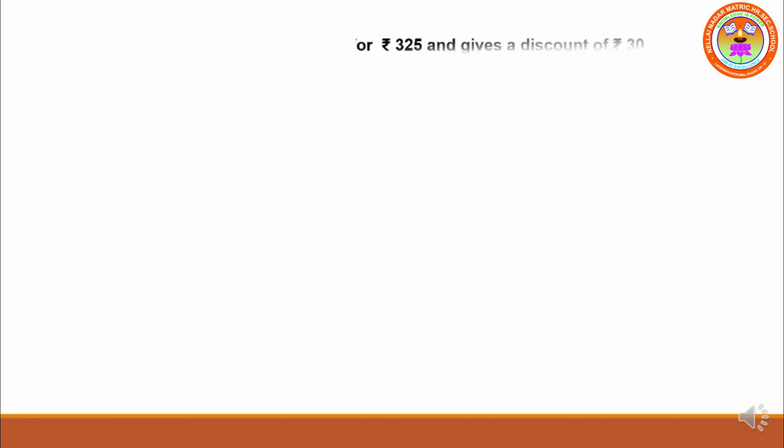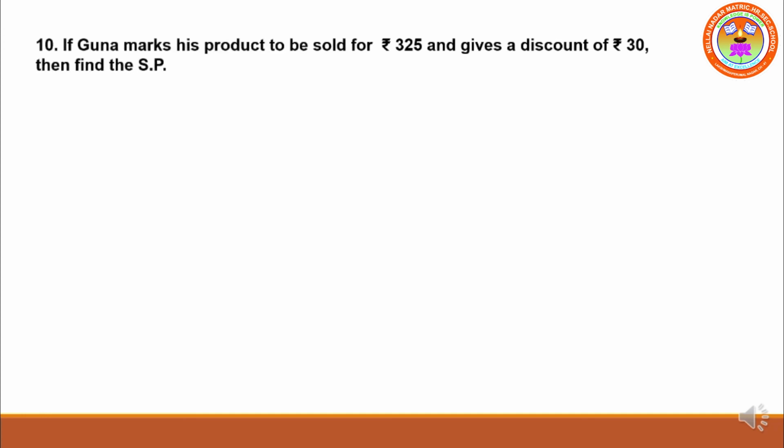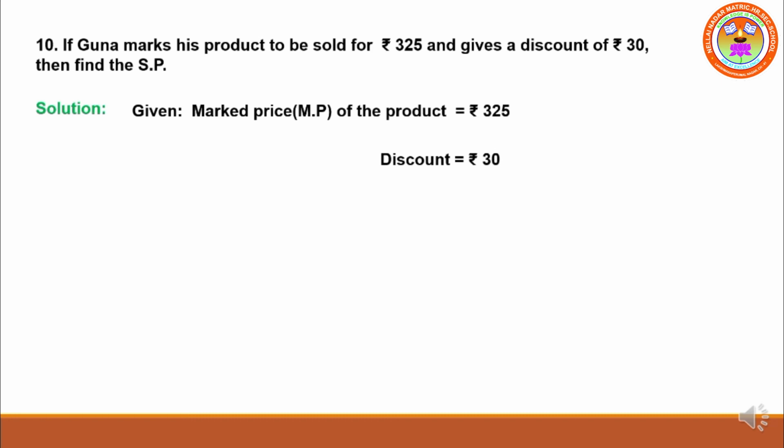Now, okay, 10th sum. If Guna marks his product to be sold for rupees 325 and gives a discount of rupees 30, then find the SP. Solution. Given marked price, that is MP of the product, is equal to rupees 325 and discount is equal to rupees 30.